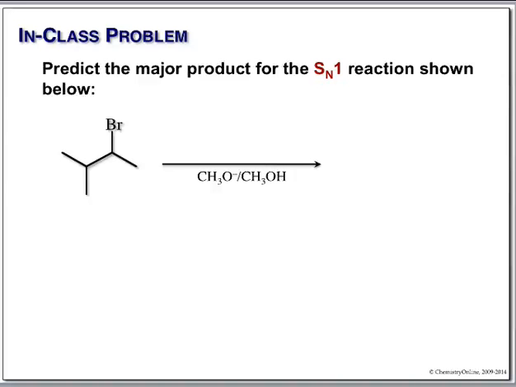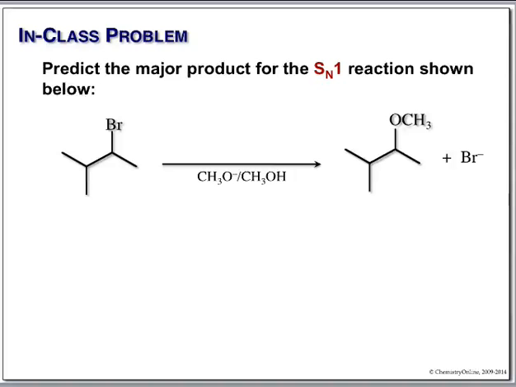Well, in terms of final product, we've all got this down now. We know that we're going to break our carbon-bromine bond. Methoxide is going to attack. We would all like our final product to look like that. Right? That makes everything and everybody happy. Of course, though, that's wrong.